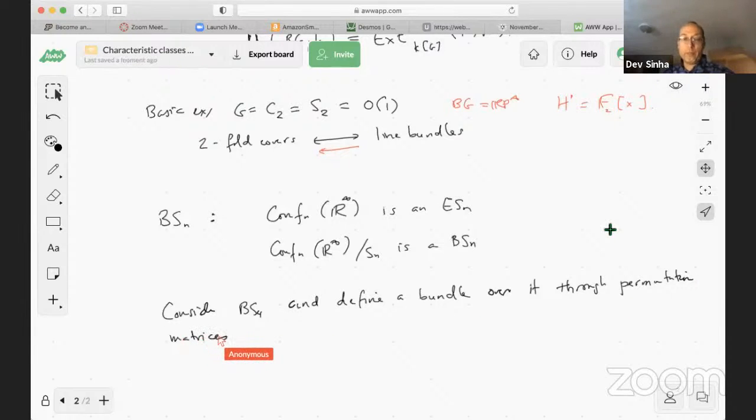That is, I've got some basis vectors e1, e2, e3, e4, and they are permuted by S4. So that defines a representation of S4.